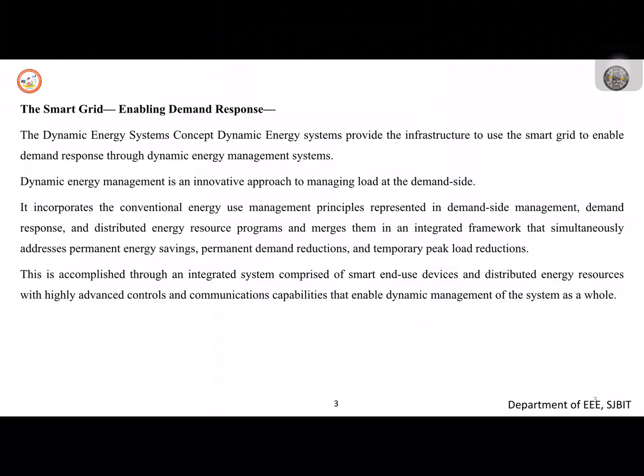Dynamic energy management is an innovative approach to managing the load at the demand side, which incorporates the conventional energy use management principles represented in demand side management, demand response, and the distributed energy resource program, and merges them in an integrated framework that simultaneously addresses permanent energy savings, permanent demand reductions, and temporary peak load reductions.